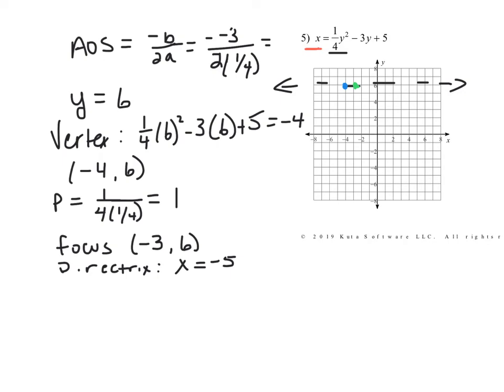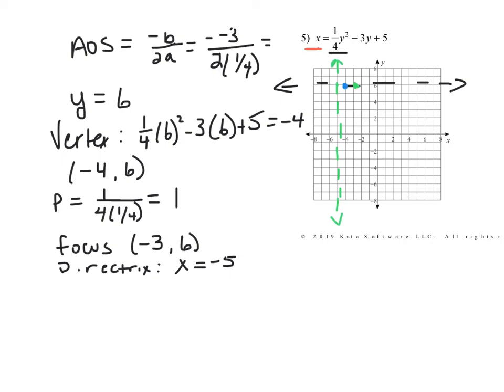Now the directrix is going to be the line that's perpendicular to my axis of symmetry, but is in the opposite direction from my focal point. From the vertex, it's going to be the same distance. So one unit back would be right here, and I'm going to draw this directrix line in here. Now this line is an x equals line.